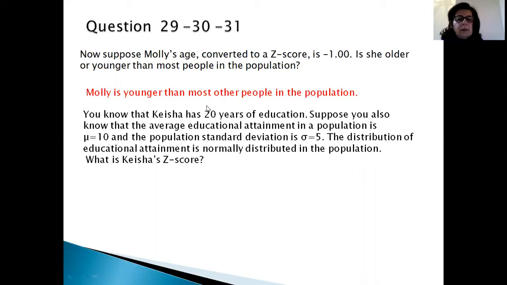We have the data, 20 years of education, and we know the mu, and we know the standard deviation. Based on this, we can easily calculate the z-score. How? 20 minus 10, 10 divided by 5 is 2.